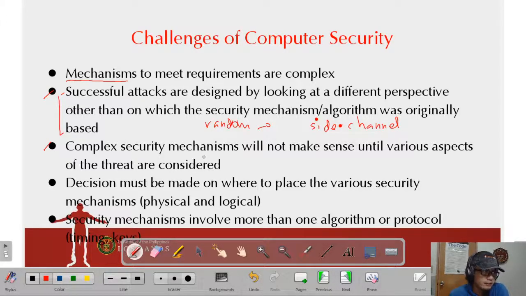Why do we need a firewall? Why do we need this perimeter intrusion detection system? So it has a lot of moving parts, and we need to consider the entire threat landscape to be able to say, this makes sense. We need to place an antivirus in the machine to protect us from malware or remote access toolkits, etc.